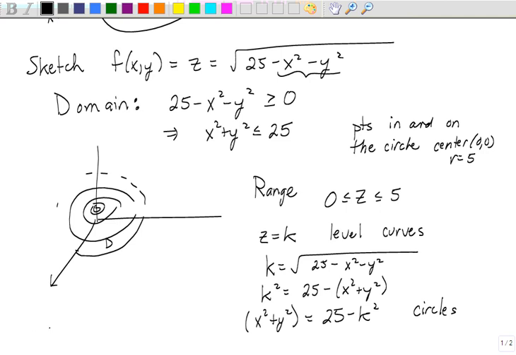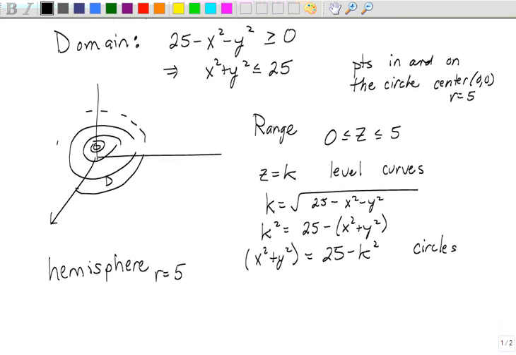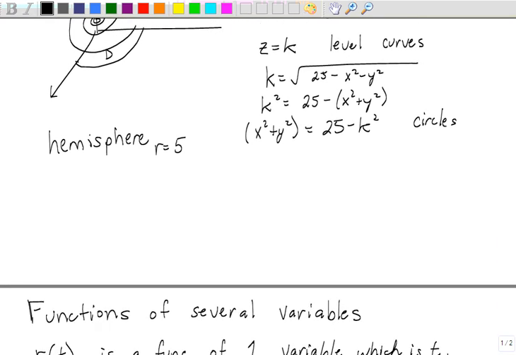So you get a half a sphere, a hemisphere with radius 5. And what is the level curve?